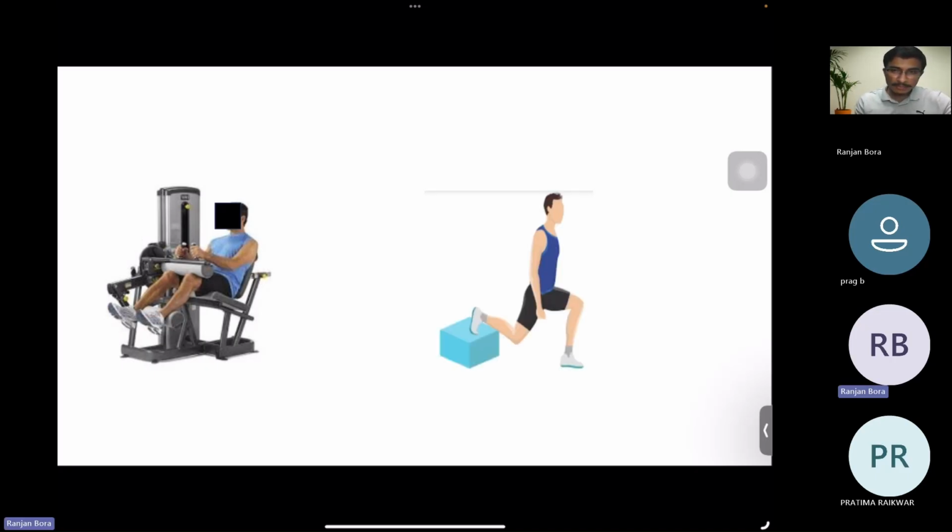So here are two examples. Can you tell me which one is an open chain and which one is a closed chain?